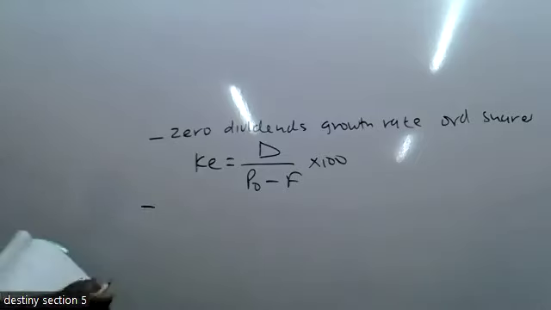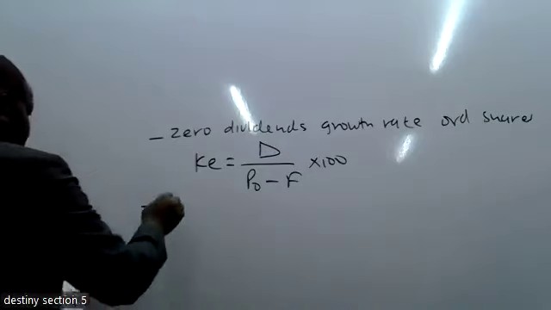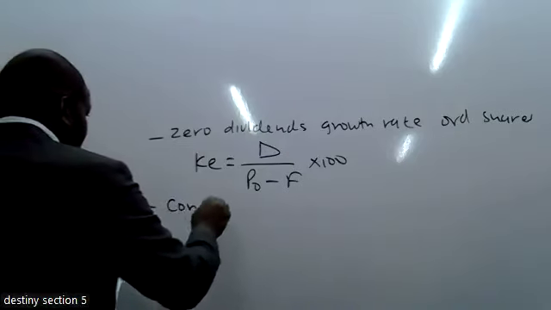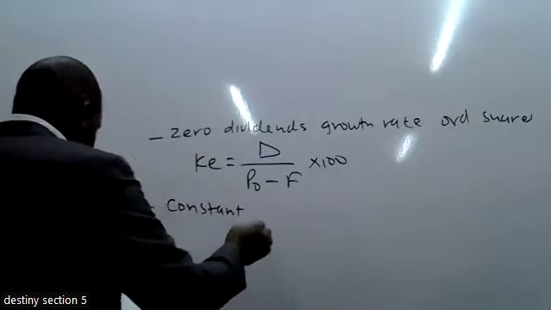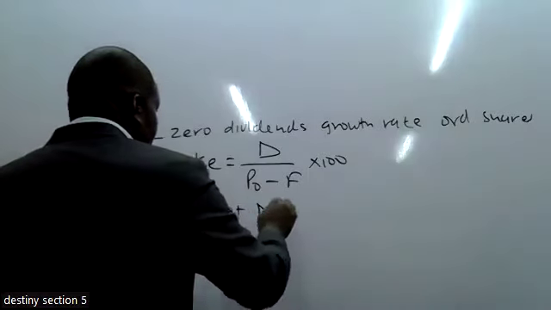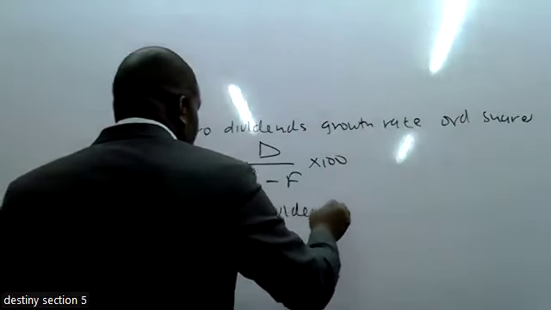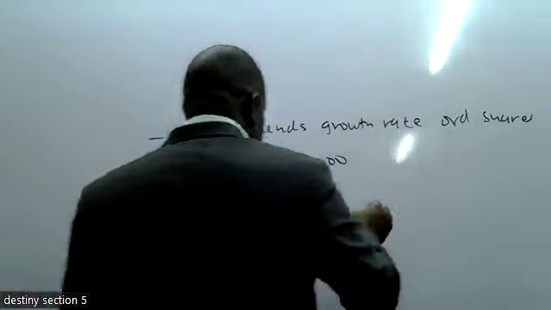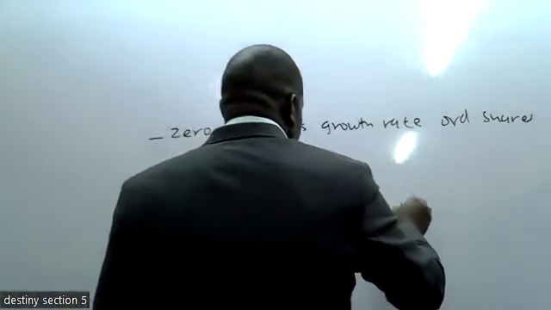The second dash would be constant dividends, growth rate ordinary shares.